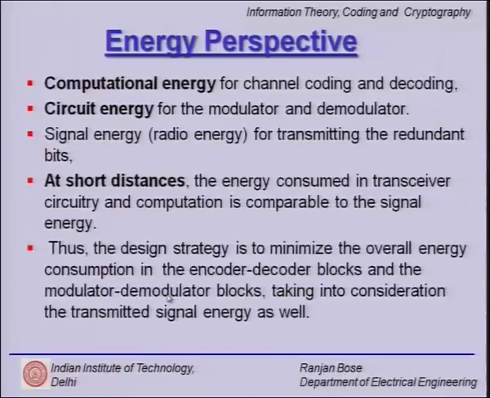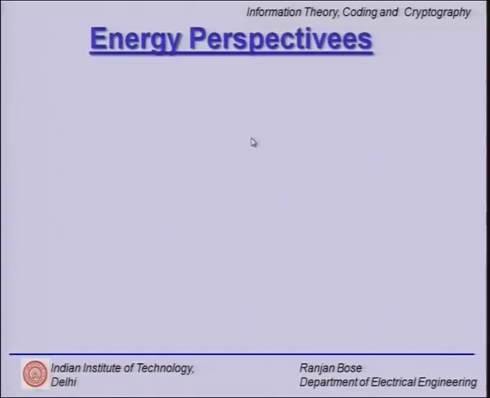So, the overall design objective should be to minimize the total energy, including computational energy, circuit energy and the radio energy. If you take all of them together and minimize the total energy, then we have an energy perspective to the whole thing.